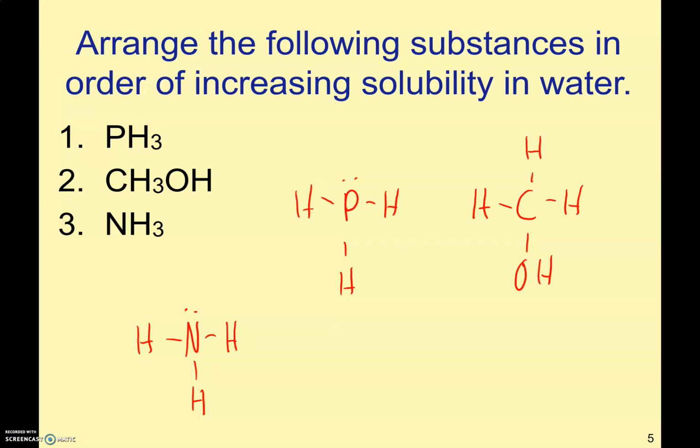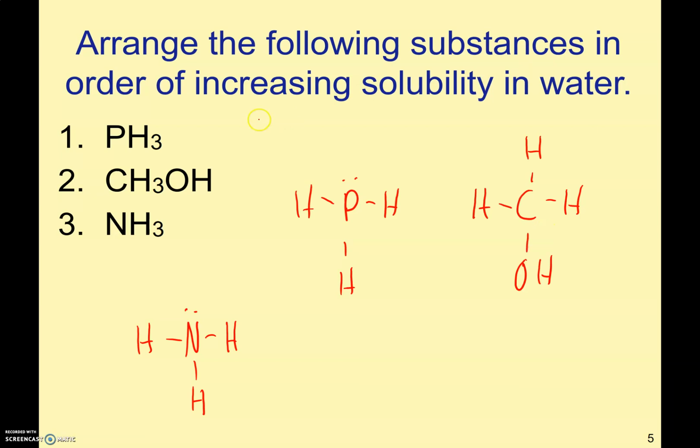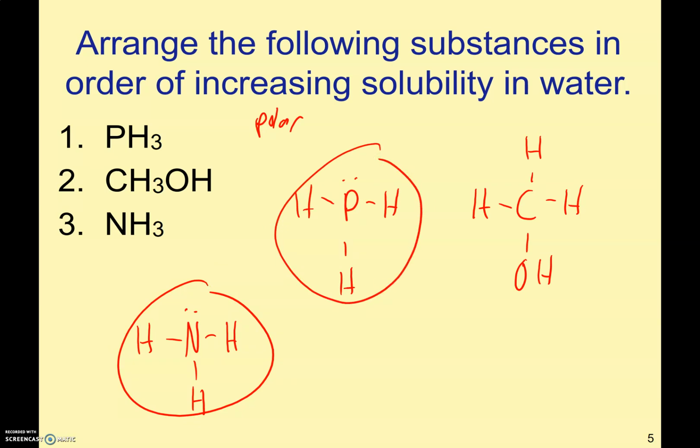Again, this is going to be a little bit confusing, but these molecules are all polar to some extent. They're all not symmetrical, so they're all polar. The ones that will dissolve the most are the ones that are the most polar. You might say, Miss, this one and this one are the same shape. But this one is much more polar because the electronegativity difference between N and H is very large.